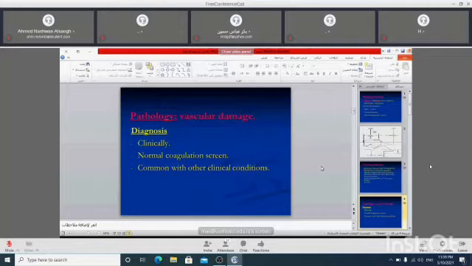In vascular purpura, the main thing that happened there is vascular abnormality and vascular damage which cause this purpuric or bleeding spot.